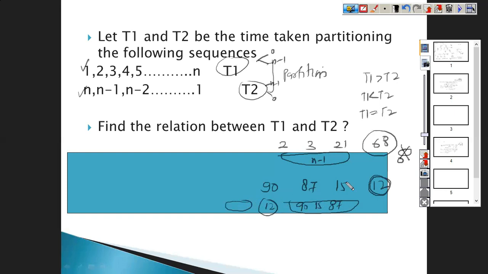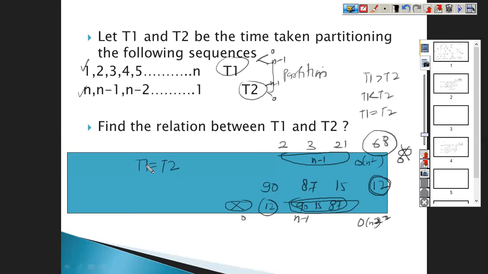There is no element less than 12, so we get nothing on one side, but here we get 3 elements which are more. So we are getting n minus 1 and 0. This will lead to big O of n square here also. In both cases this is the worst scenario and will give you big O of n square. So you can say T1 equals T2.